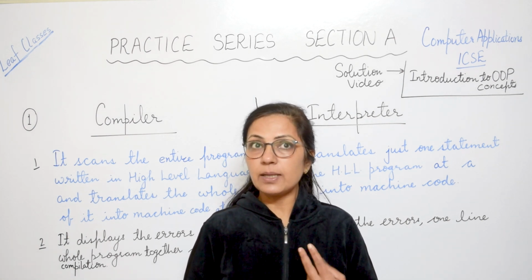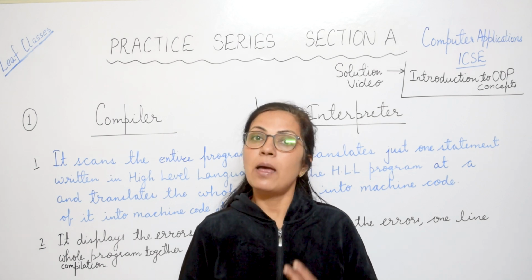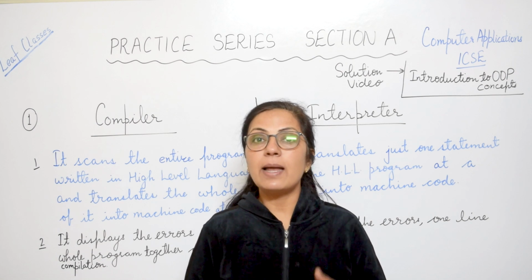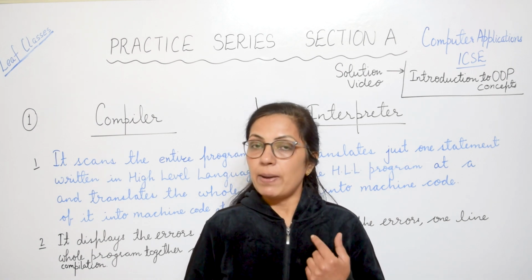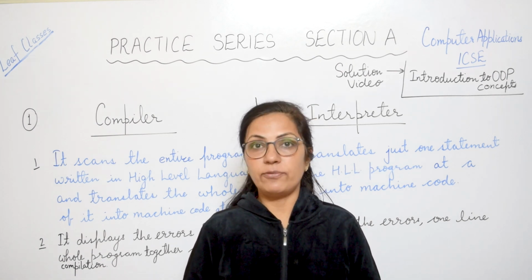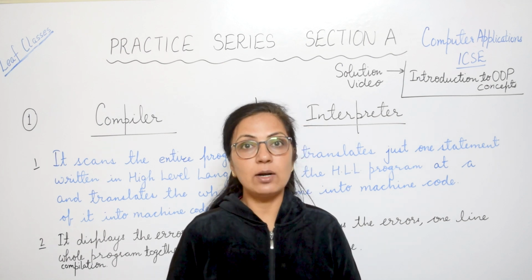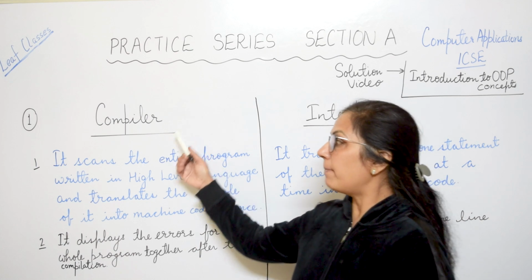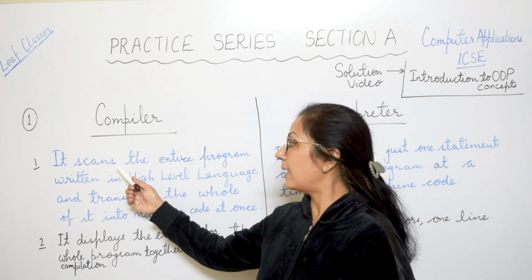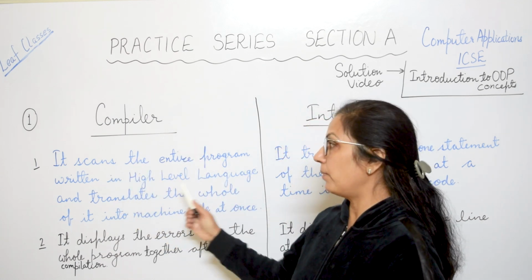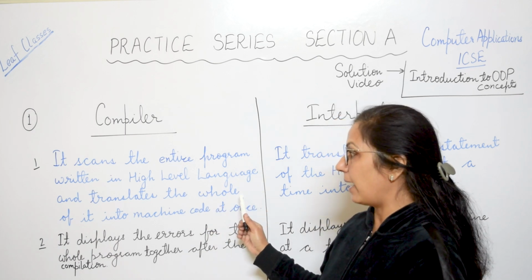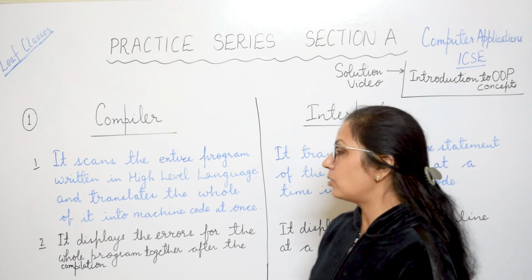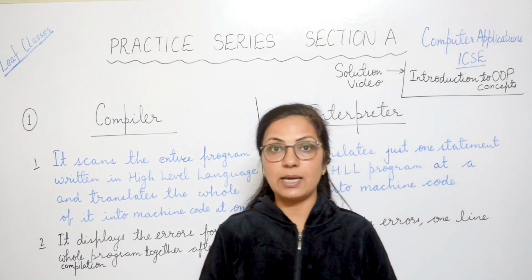The question for this can be asked for similarity also. What is the similarity between compiler and interpreter, or the difference, right? The difference here also I have written, and I'll explain it to you. A compiler is a translator that scans the entire program written in high level language and translates the whole of it into machine code at a time.